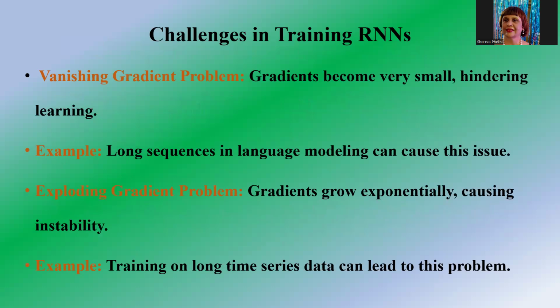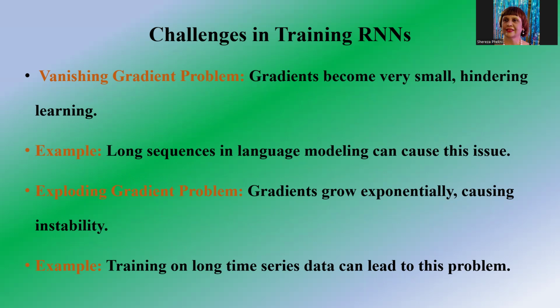The challenges in training recurrent neural networks are due to their complex architecture and the sequential nature of the data processing. The two major challenges are vanishing and exploding gradients. The vanishing gradients become very small, hindering learning.